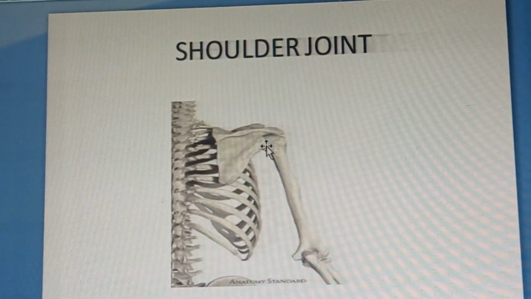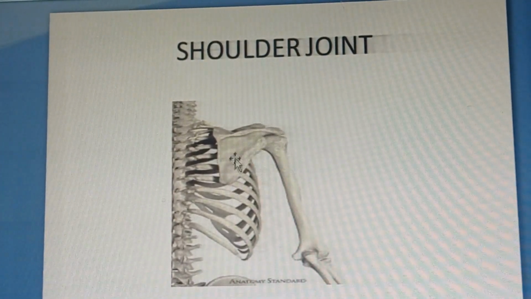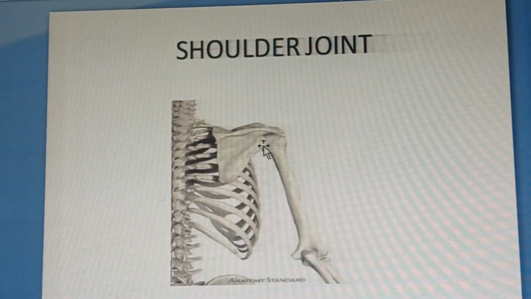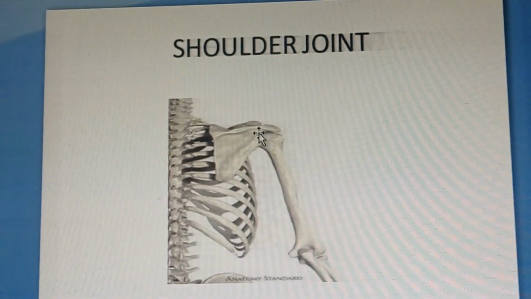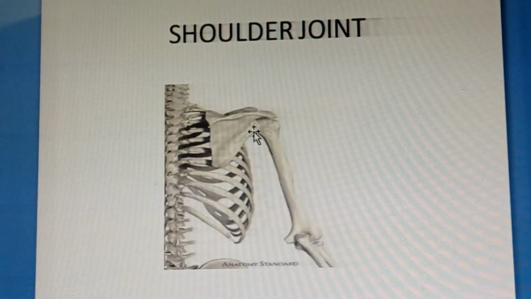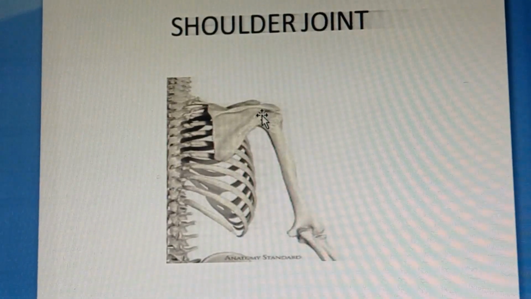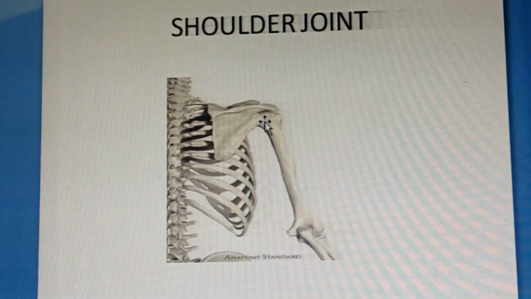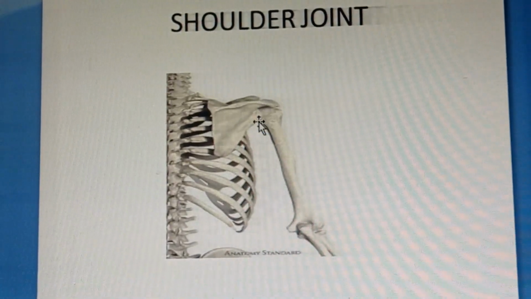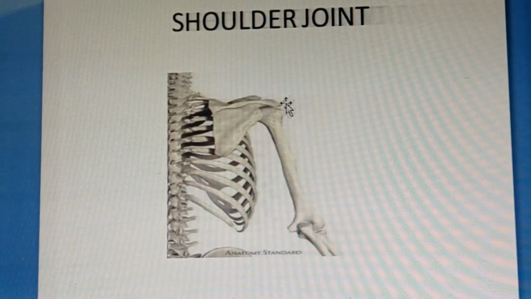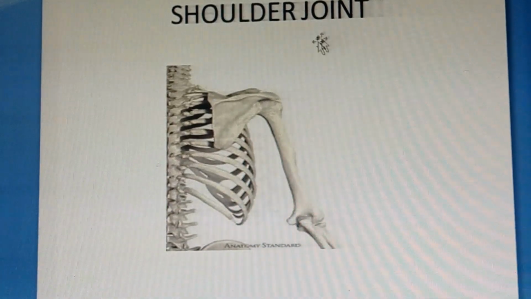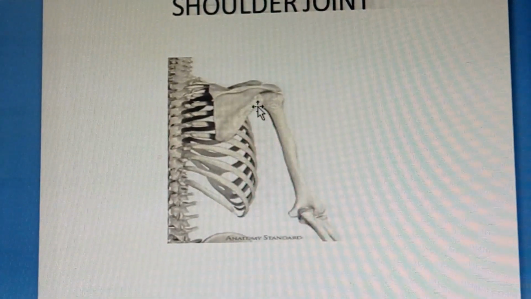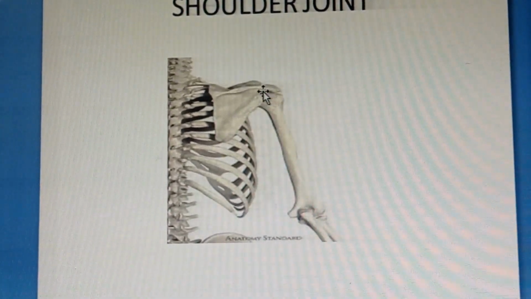The head of the humerus fits in the cavity of the scapula, and this cavity is called the glenoid cavity. So the head is semi-spherical in shape and it articulates or fits into the glenoid cavity of the scapula bone to form a shoulder joint. This joint is also called the glenohumeral joint.